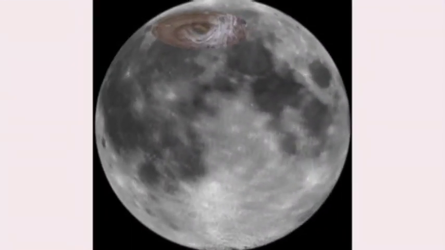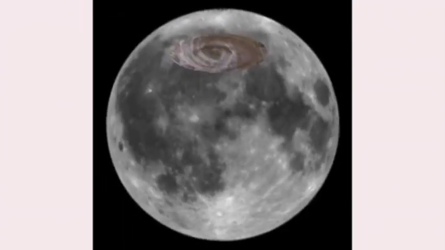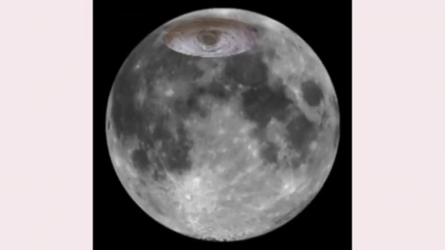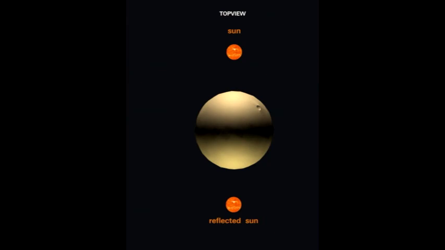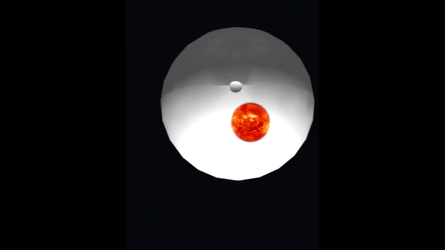And then you see low tide and high tide. So now we end up with this. We have a bigger Earth, a small crater, and two suns. But we still have a problem. If you watch carefully, you see that one part of the crater is in constant darkness.